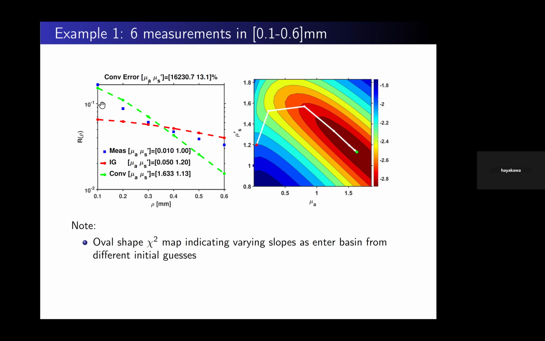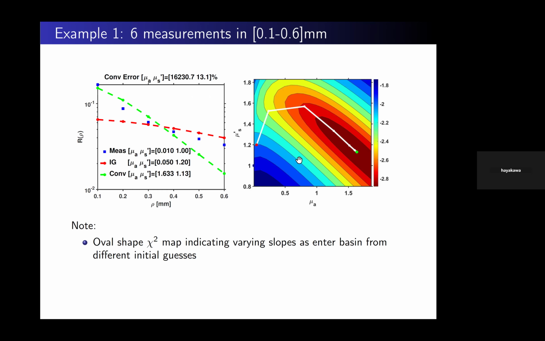Okay, so we know that it should come to find mu A of 0.01 and mu S prime of 1, but in fact, it found something terrible for mu A, not too bad for mu S prime. And you can see here, this is the chi-squared space for this problem. This is the initial guess, and then this is how it came into this area here.